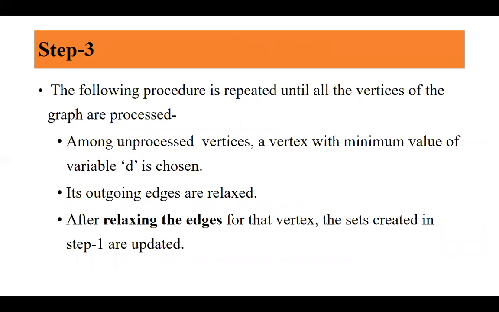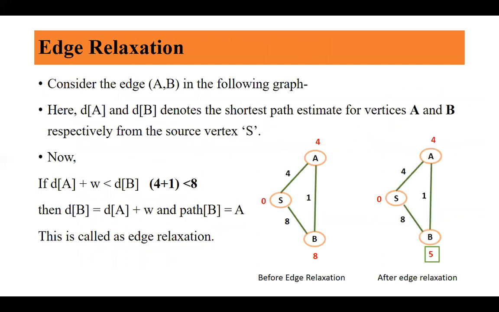Now, what is this relaxing of the edges? Let us look at an example. Consider the given graph, and you have edge AB, the edge from A to B. The distance of A and distance of B denote the shortest path estimates for vertices A and B. The distance of A is 4, the distance of B is 8, and S is the source vertex, so its distance is 0.